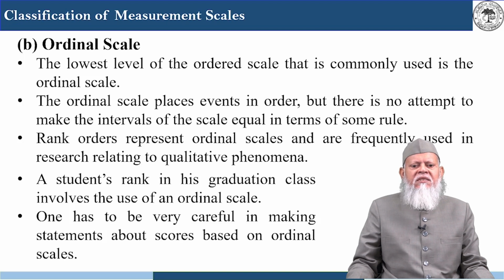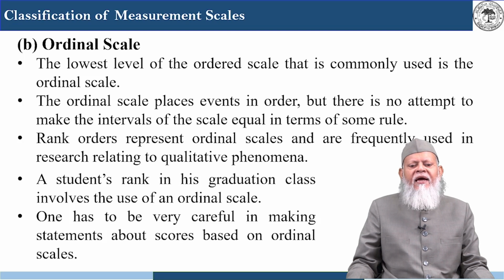The ordinal scale places events in order, but there is no attempt to make the intervals of the scale equal in terms of some rule. Rank orders represent the ordinal scales and are frequently used in research relating to qualitative phenomena.